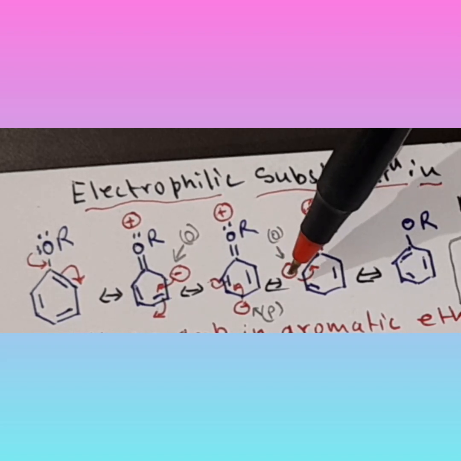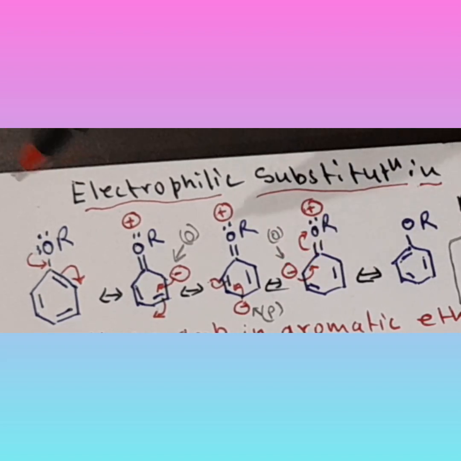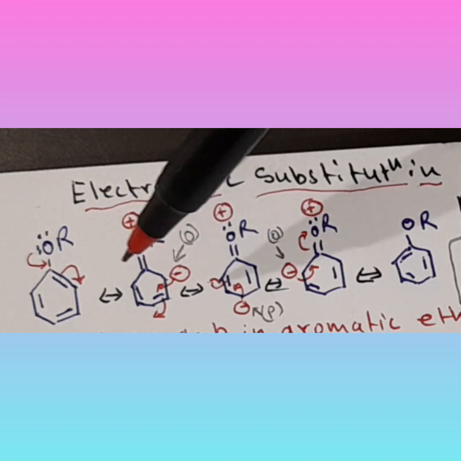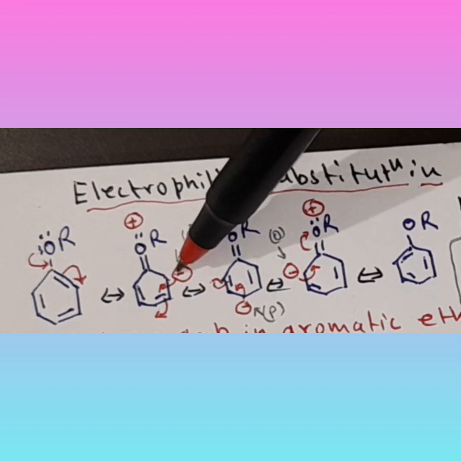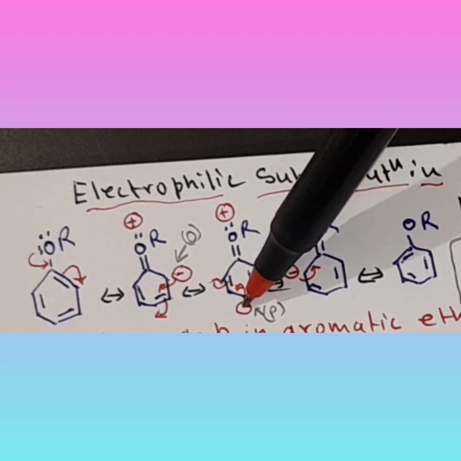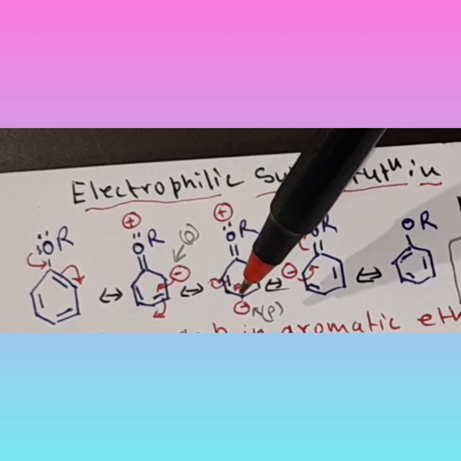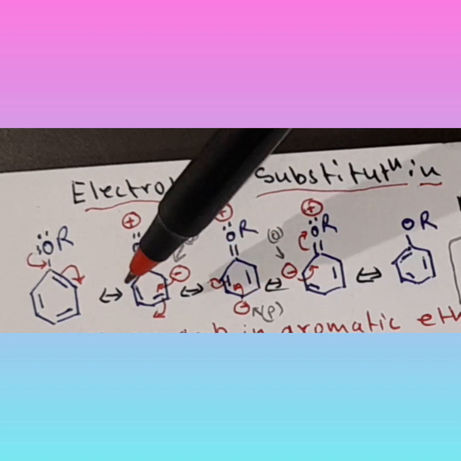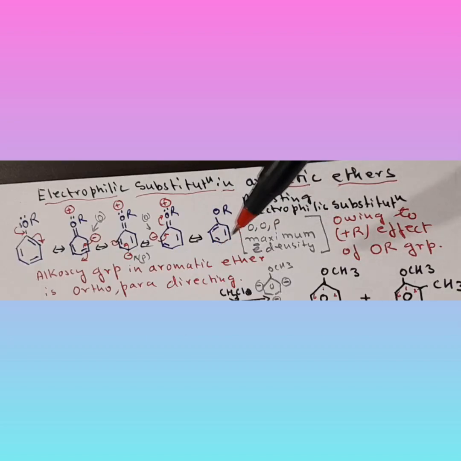What do I mean by gets activated? By activated I mean because of the electron donating group, the electron cloud in ortho and para position is more, so electrophilic substitution would occur in ortho para owing to maximum electron density.